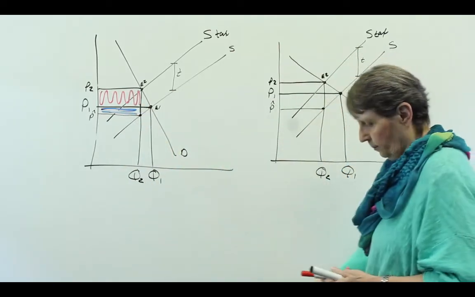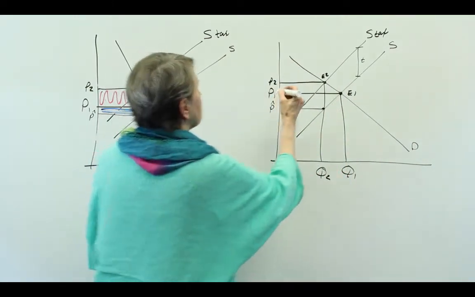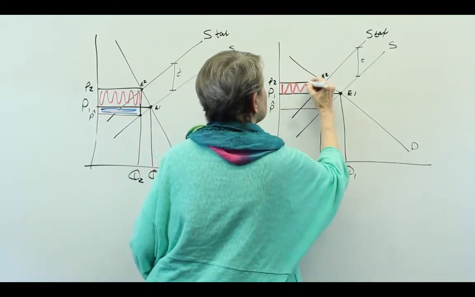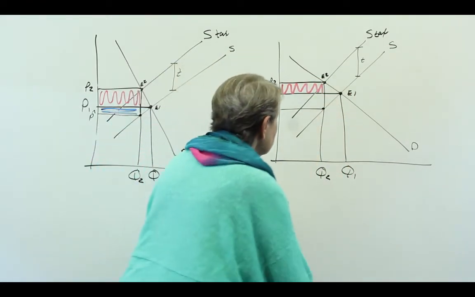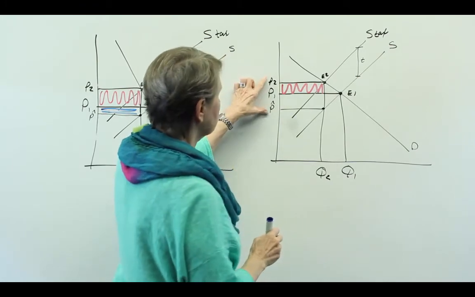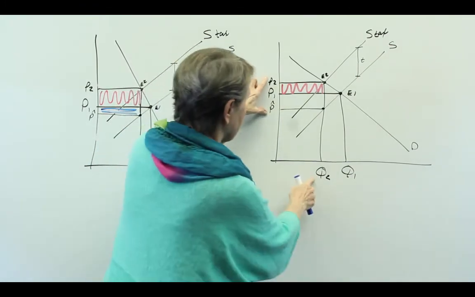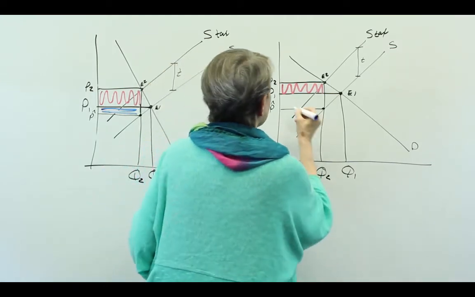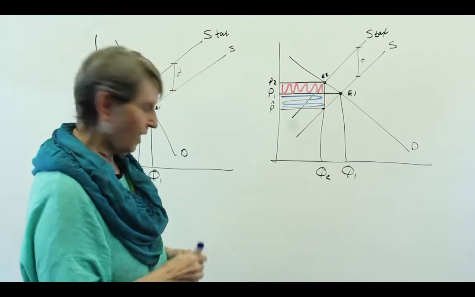Let's look over here. Price increase from P1 to P2. So the consumer paid that. The producer collects P2, but he has to give the government the difference between P2 and P hat on Q2 units. So the producer paid that much.